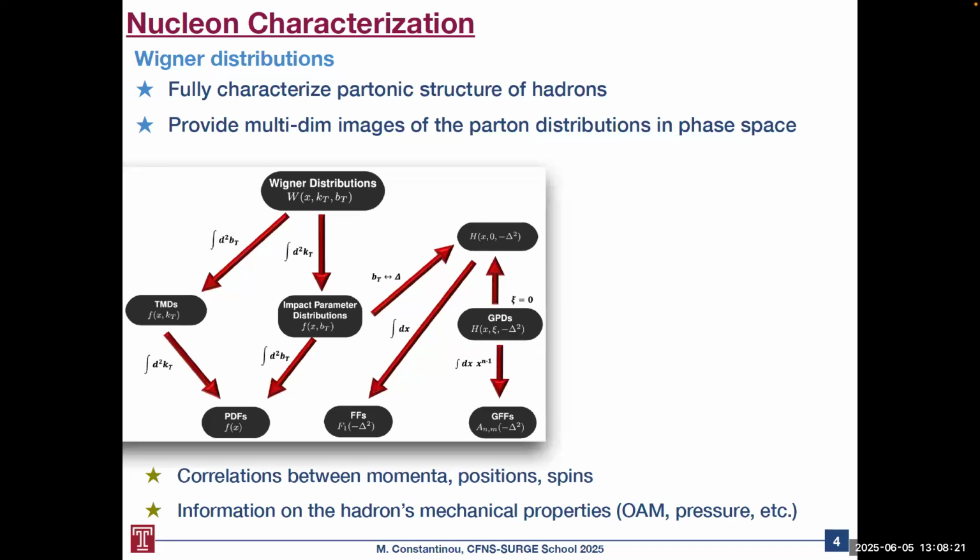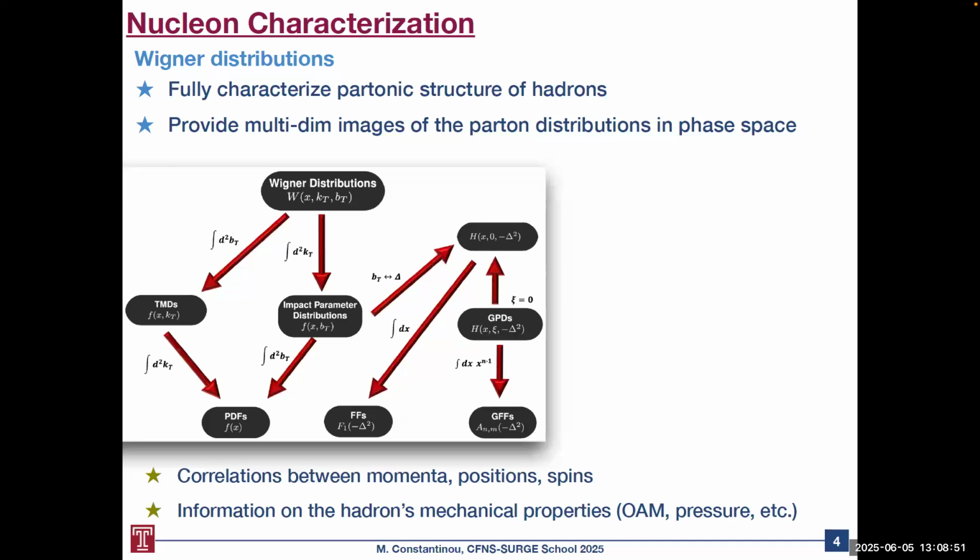And to count that, you have to remember that if you see transverse, it counts for 2. You have X and Y directions in the transverse component. So that is why you see here 3, but in reality, these are 5. For TMDs and GPDs, we have 3 dimensions. And for PDFs, form factors, generalized form factors, these are 1-dimensional objects.